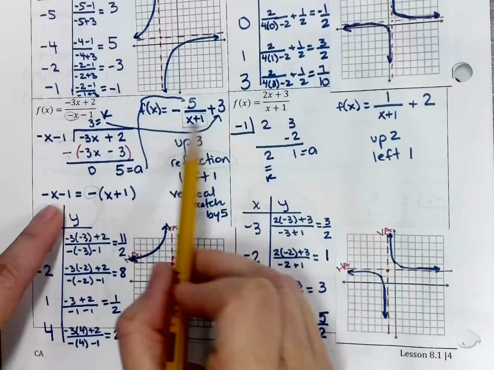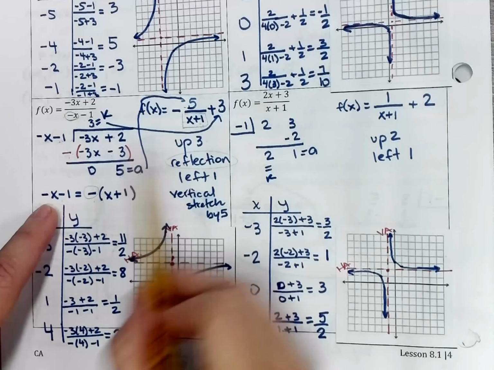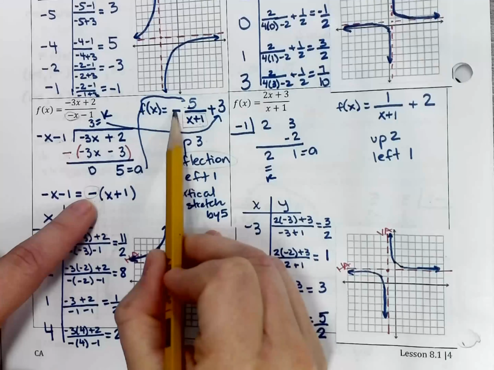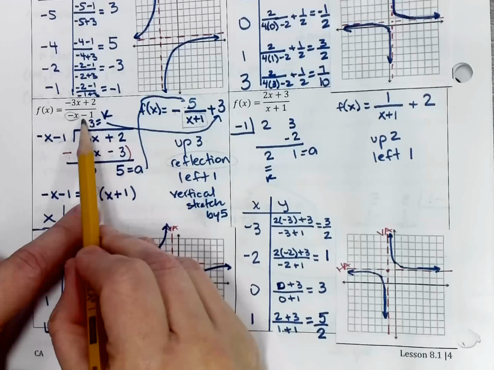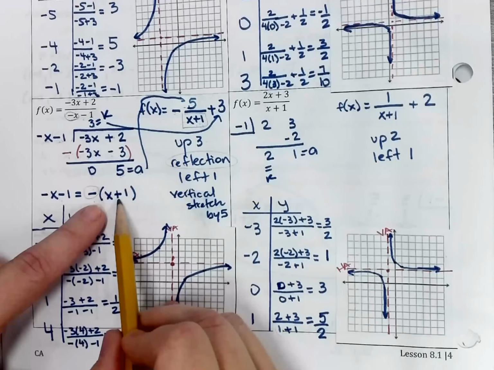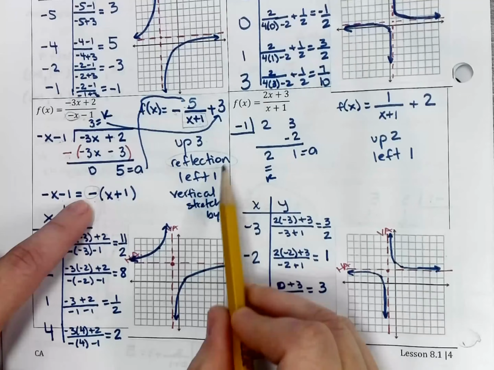But then when I'm rewriting this, I can't just put this in the denominator. Okay, I had to factor this out and make this nice and pretty, because otherwise we would have thought that this is shifting to the right, but it's not. It's shifting to the left, and then has the reflection over the x-axis.